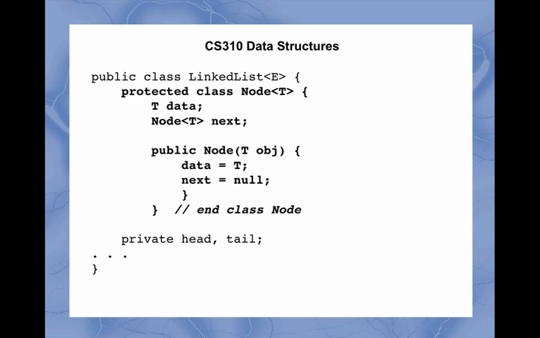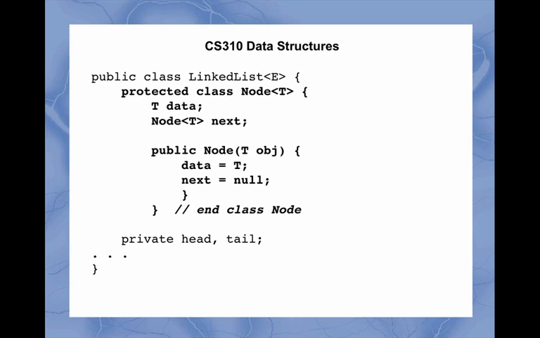So we have the two fields and then a constructor that initializes those two fields. We have next equals null here in the constructor, and this is done explicitly, though it's not absolutely necessary. In the Java language, references are always initialized to null if not explicitly assigned.